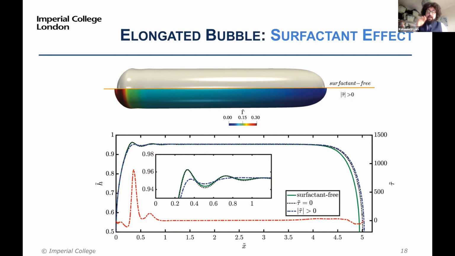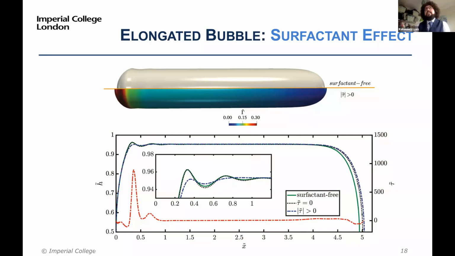The Marangoni stress plays a key role, because between the Marangoni-free and surfactant cases, the local values of the surface tension are equal, but the dynamics is absolutely different. It's really important to take into account the tangential stress on the interface.